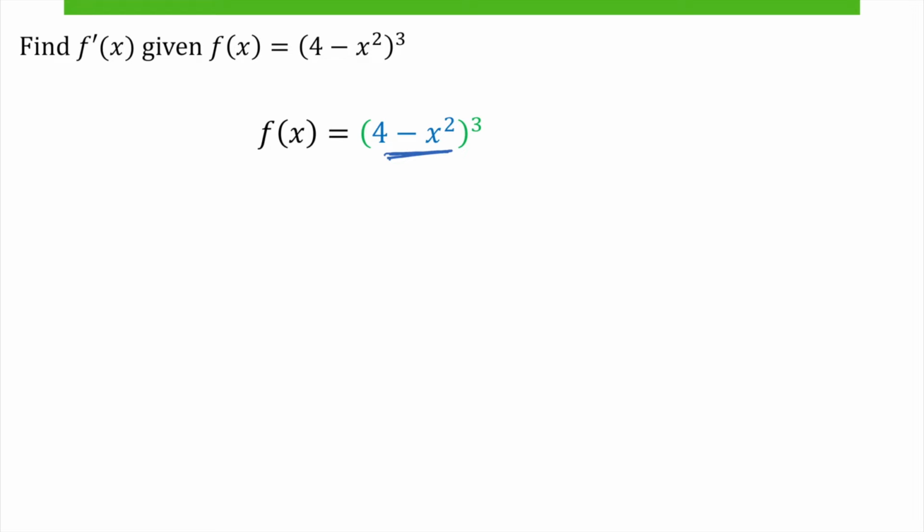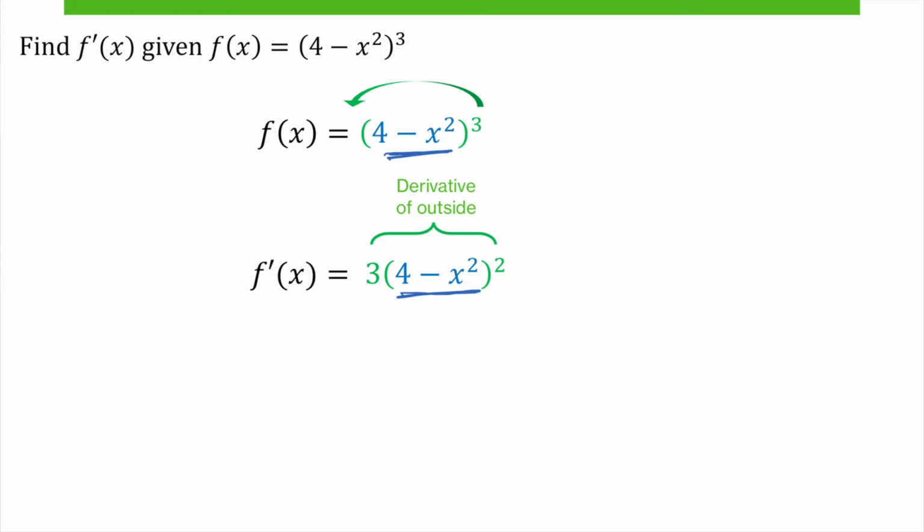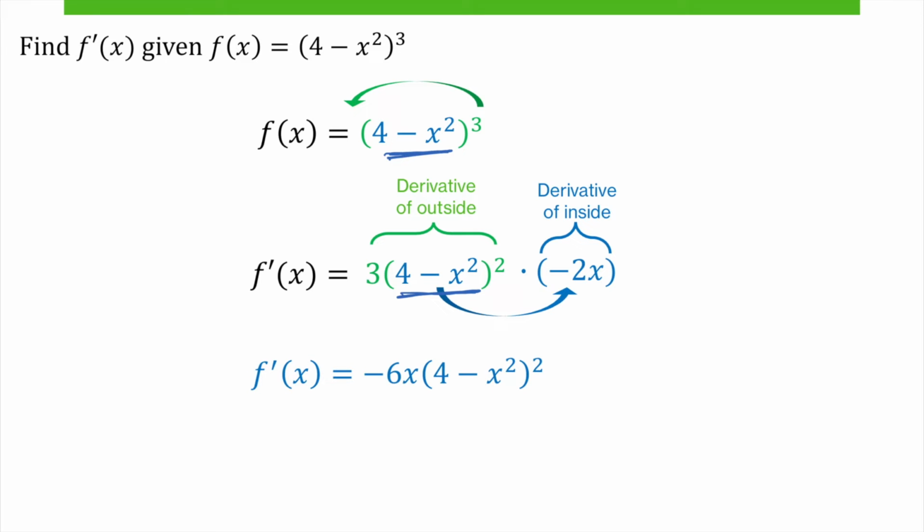All right, so taking the derivative of the outside function first, the exponent comes forward, and then we drop the power by 1, keeping the inside the same. That's the derivative of the outside. Now we can take the derivative of the inside. So the derivative of 4 minus x squared is negative 2x. And if you want to clean that up a bit, that's what it looks like.